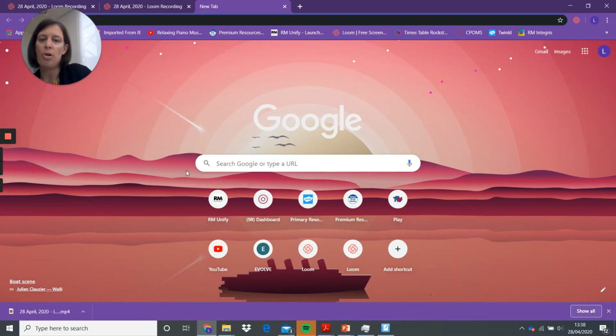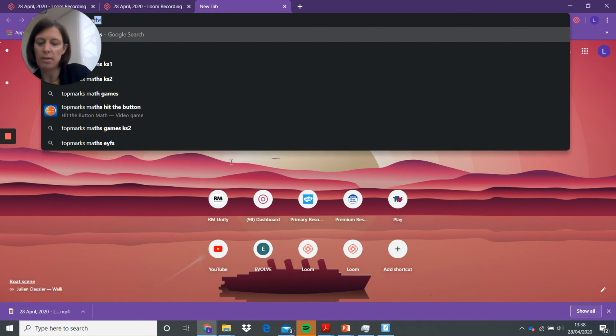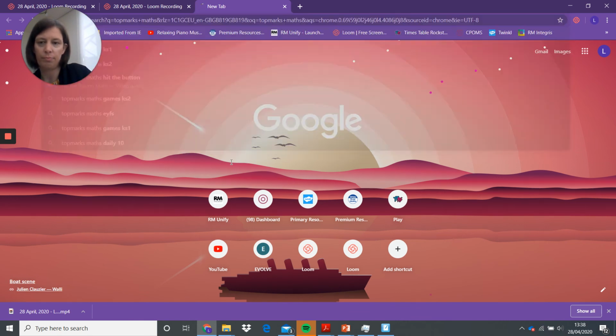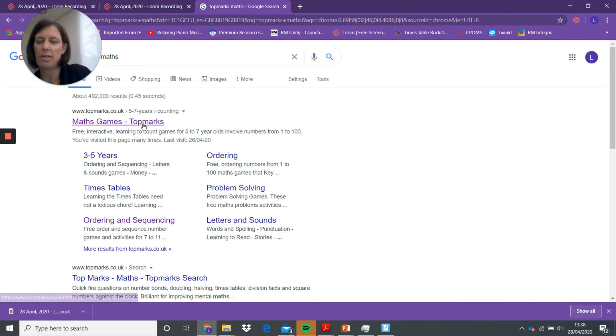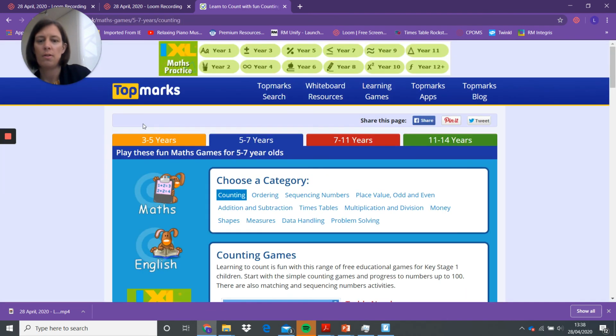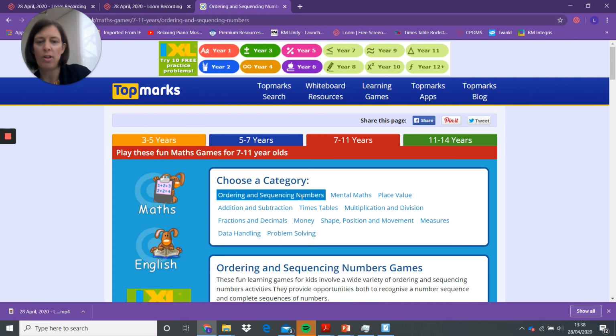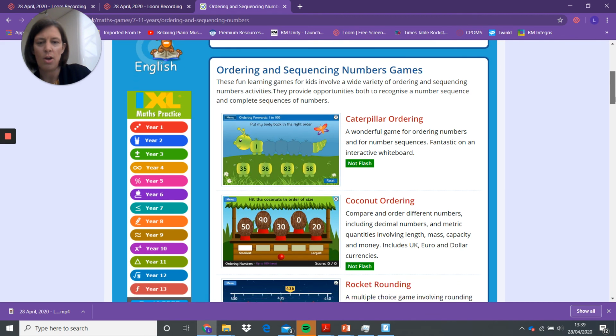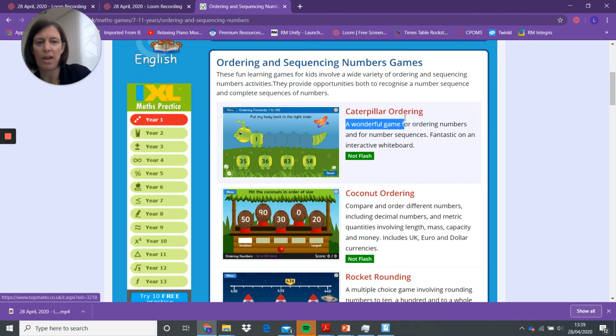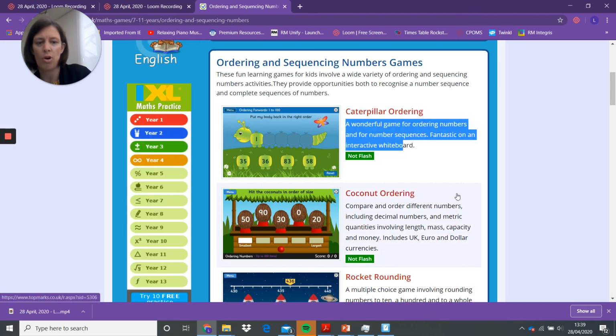Okay, so you open up your search engine, I'm using Google, type in top marks maths, find the top marks maths games, and remember we need to be in the 7 to 11 age group, and we're in the ordering and sequencing numbers games. So if you remember from the video, there were these ones that you could choose from: caterpillar ordering, coconut ordering.